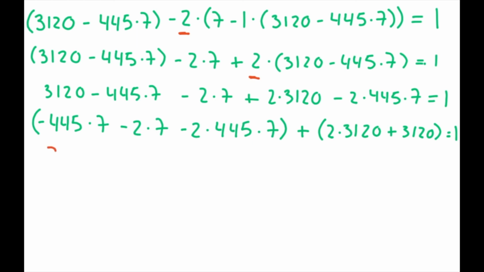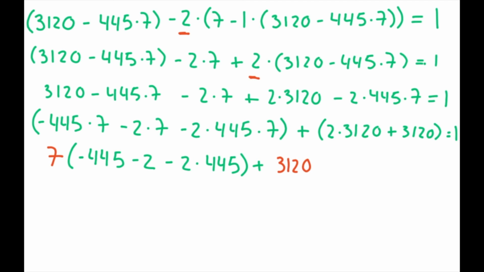I'm going to factor out a 7 here so that I get 7 times negative 445 minus 2 minus 2 times 445. And I'm going to factor out 3,120 here to get 2 plus 1 is equal to 1.